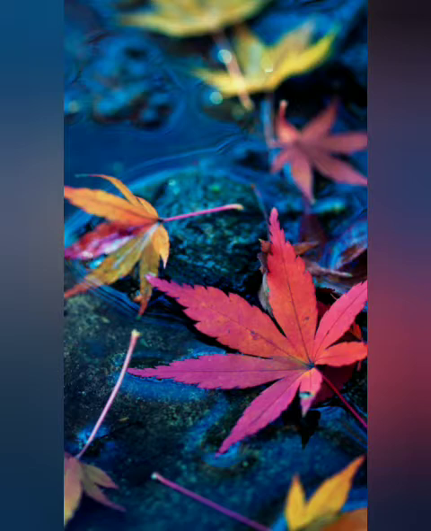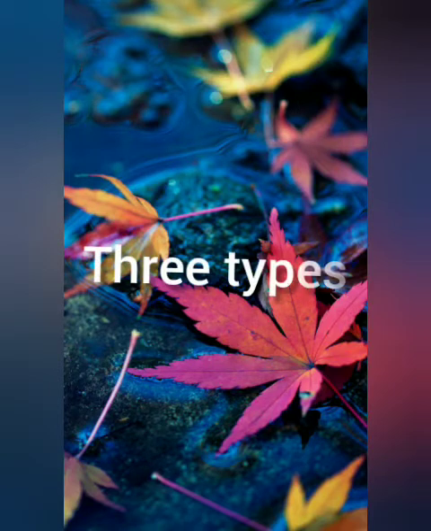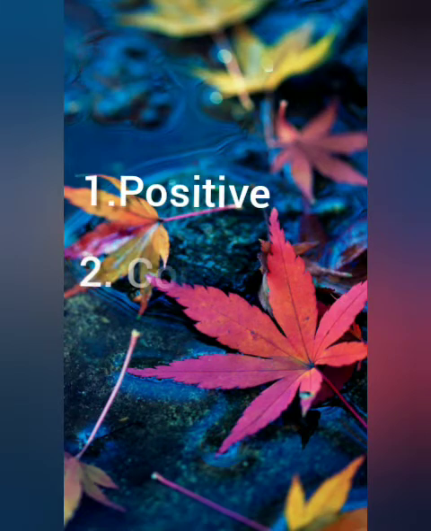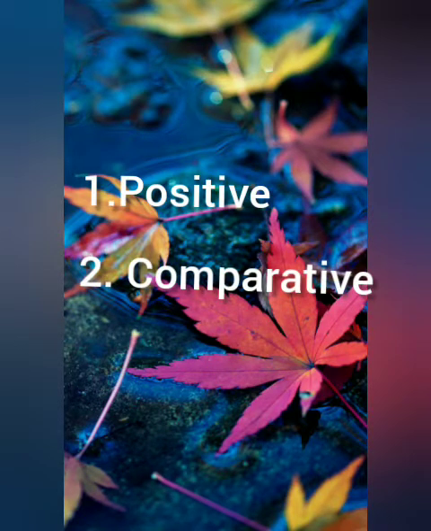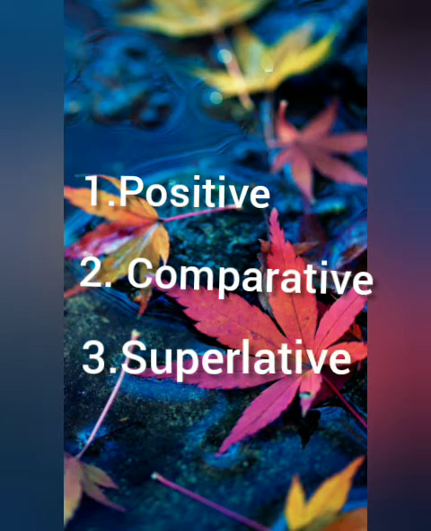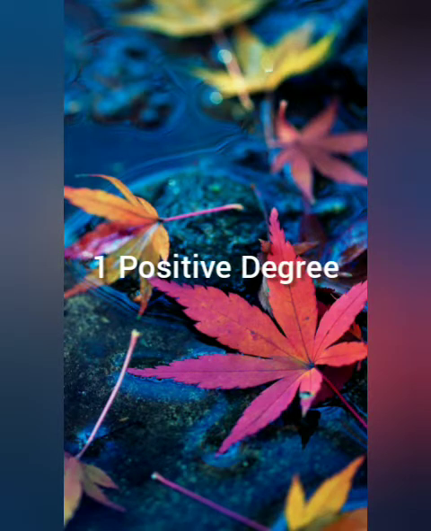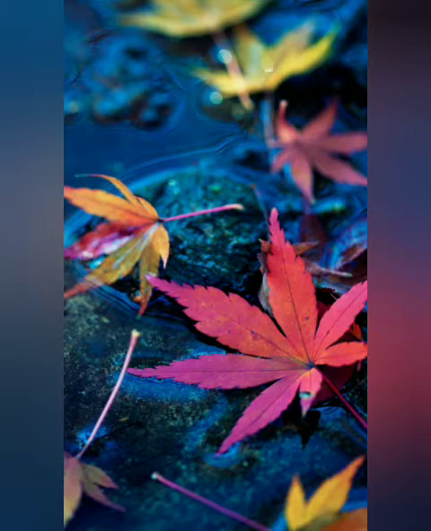There are three types of degree of comparison, and they are: first one, positive degree; second, comparative degree; and third, superlative degree. Let's discuss them. The first one is positive degree. Let's check this in a sentence.